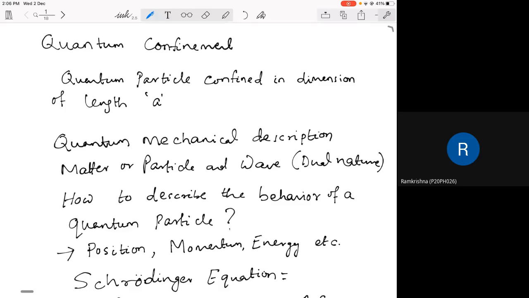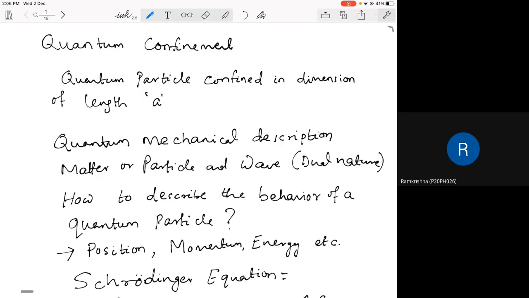So when we talk about atoms, for example, you can solve a hydrogen atom, and you can know that the electron has discrete energy levels. Similar things actually happen in nanostructures, and that is what we call quantum confinement.